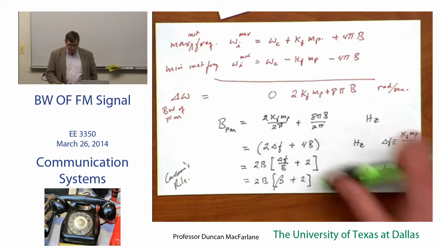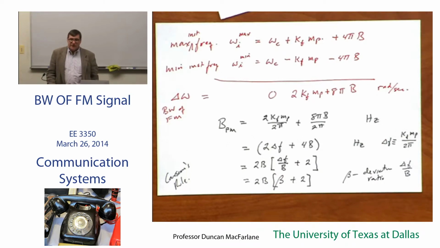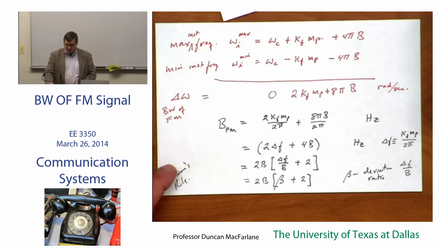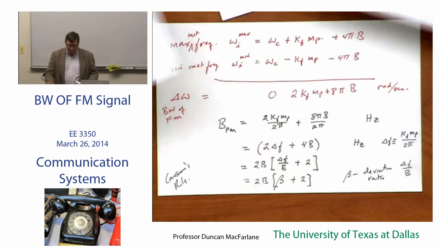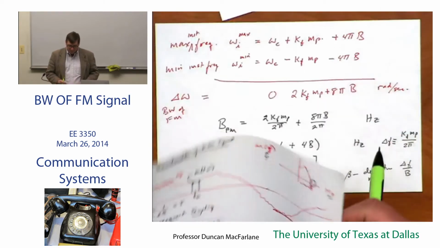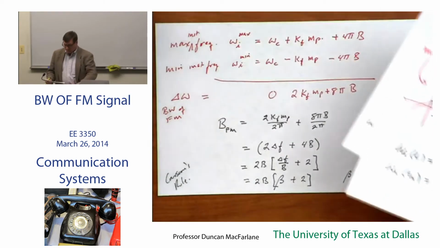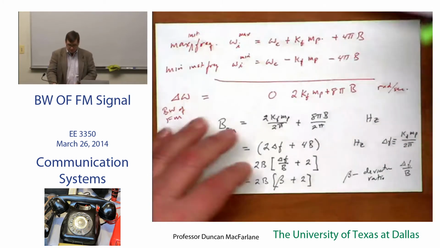The estimate is this way, and you can now space your FM radio stations apart by this much plus a little bit of a guard band. So tremendously useful formula, and the one that we came up with just by a couple of very, very simple tenets.